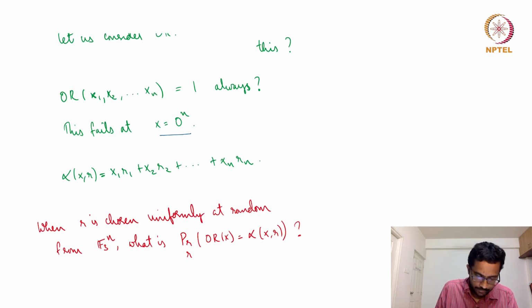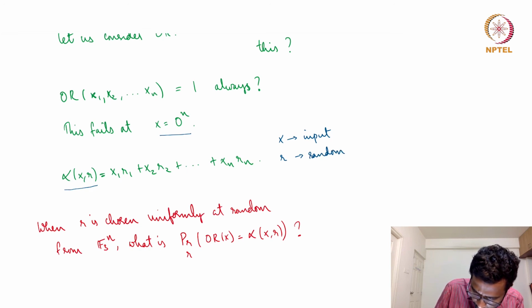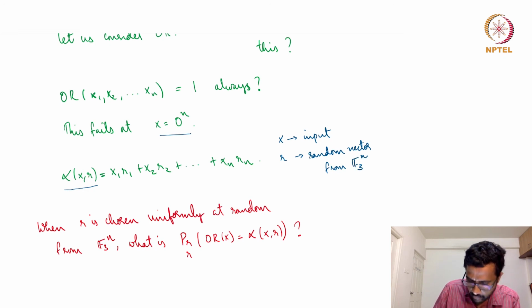So consider the polynomial alpha of x, r, where x is the input vector and r is a random vector, a random vector over f3. Inputs, we are interested in 0, 1, but x can in general be over f3.